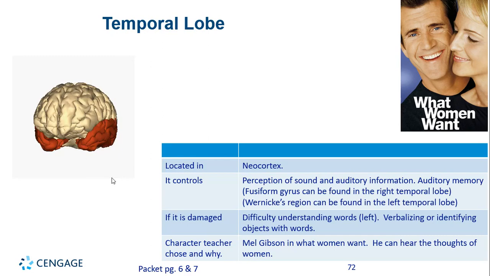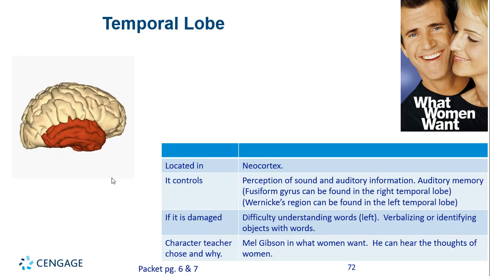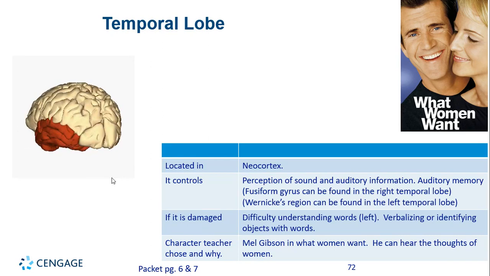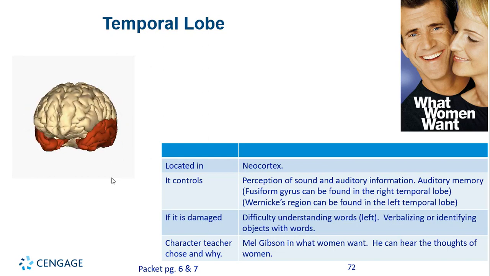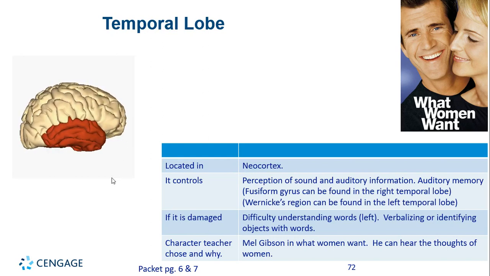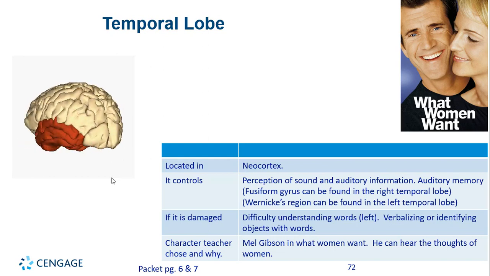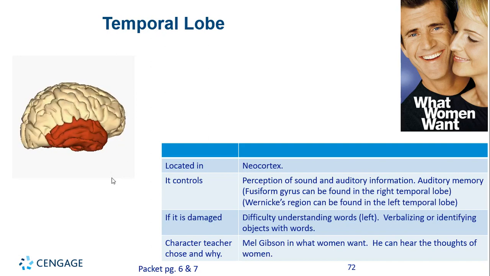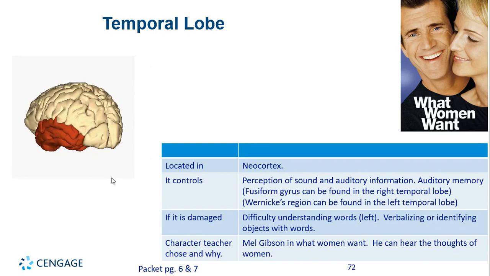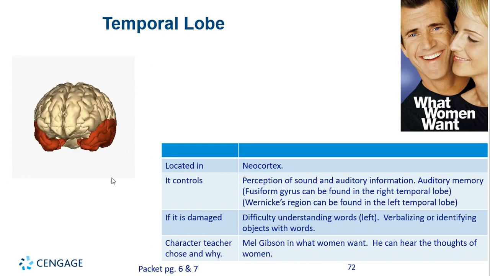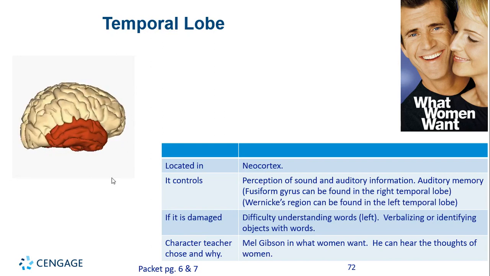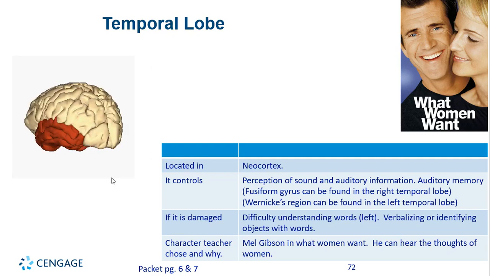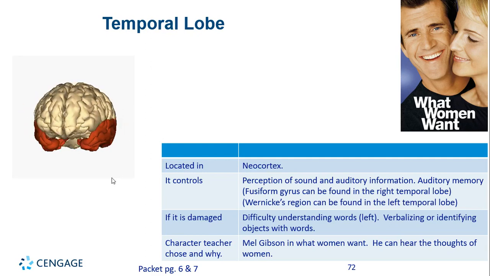And in that movie, Mel Gibson can hear women's thoughts, right? So hearing women's thoughts, that would happen in the temporal lobes, even though for him it has nothing to do with his ears. The temporal lobes are the part of the brain that hears and creates the meaning and sound.